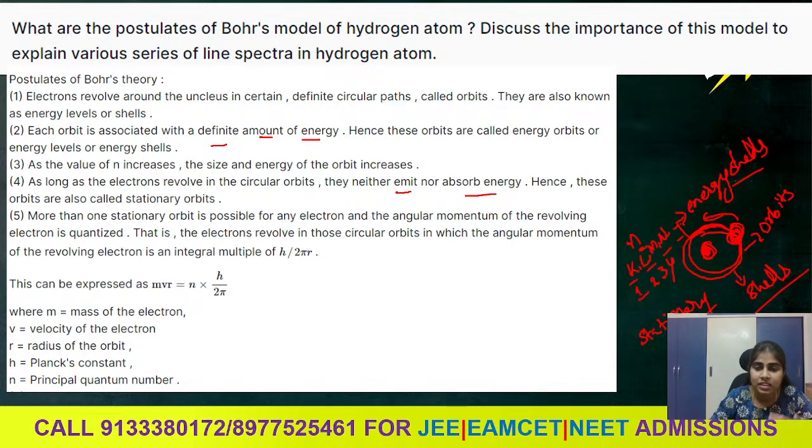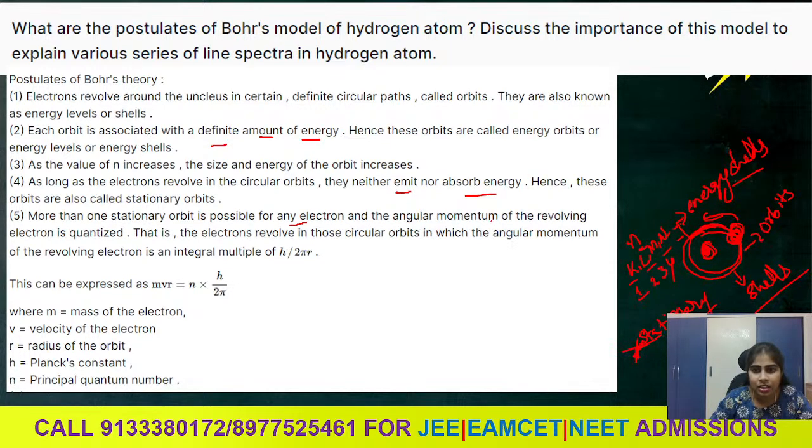I'm talking about the original path of the electron in which it revolves; it does not emit or absorb energy. That's why they are known as stationary orbits. And more than one stationary orbit is possible for any electron, because there are more shells, so there may be more stationary orbits.